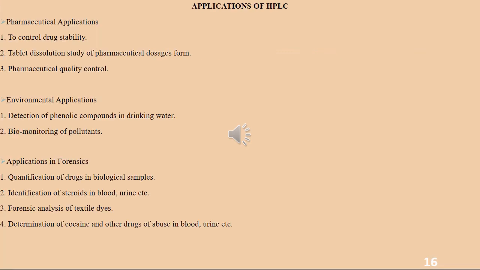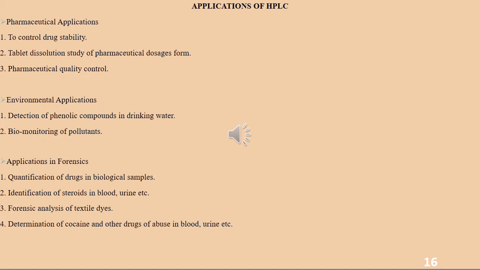Applications of HPLC. In pharmaceutical applications, it can be used to control drug stability, tablet dissolution, and study of pharmaceutical doses from pharmaceutical quality control. Environmental applications include detection of phenolic compounds in drinking water and biomonitoring of pollutants.